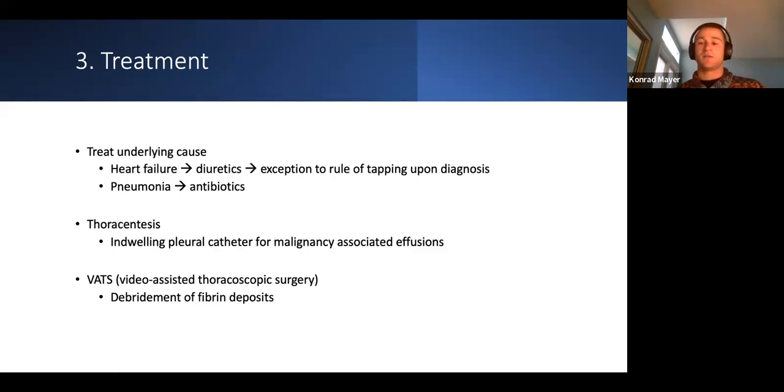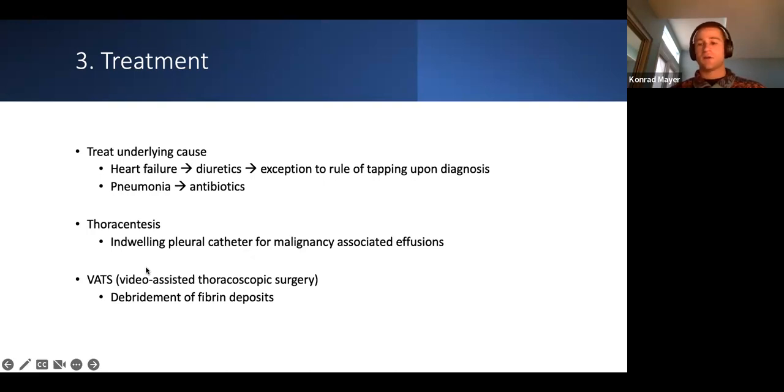So I remember a patient, he had 2 pleural catheters, one in each pleural cavity, and every 2 days I would go and hook up a drainage and take out 1.5 liters out of each lung. And I did that every few days. So that's in the case of malignancy, for example.